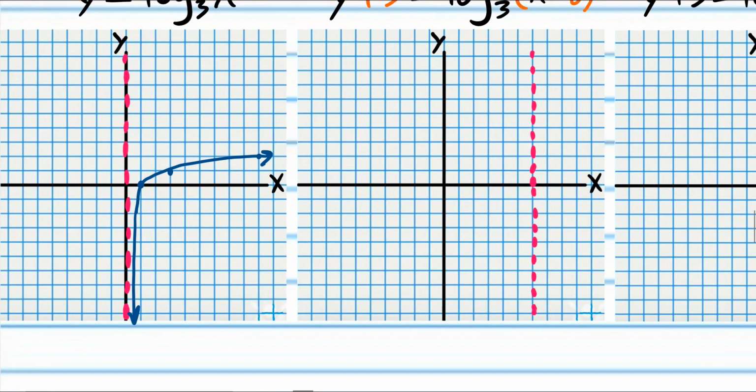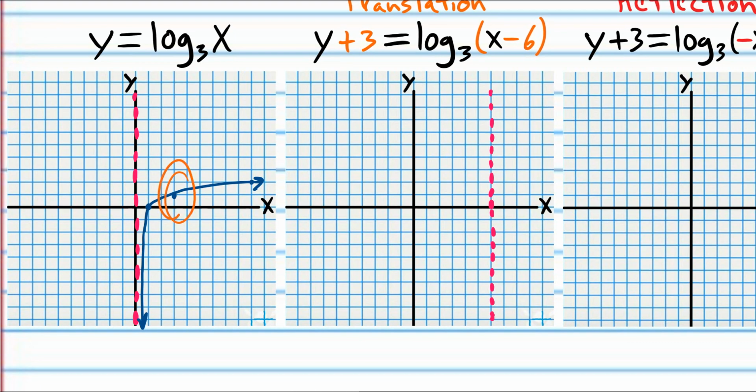Now let's focus in on some points here. Let's look at this point here. That point is 3, 1. So 1, 2, 3, 1. And we're going to move 6 units to the right. 1, 2, 3, 4, 5, 6. And 3 units down. 1, 2, 3.